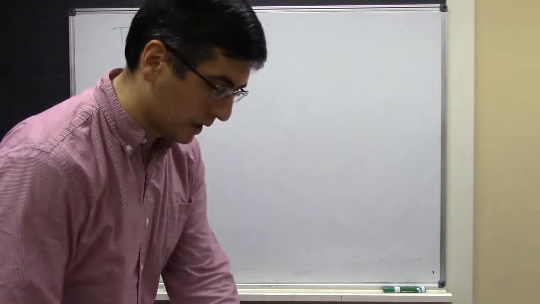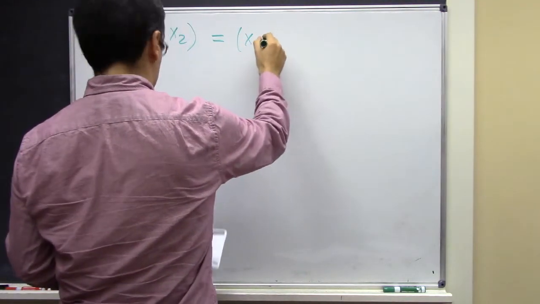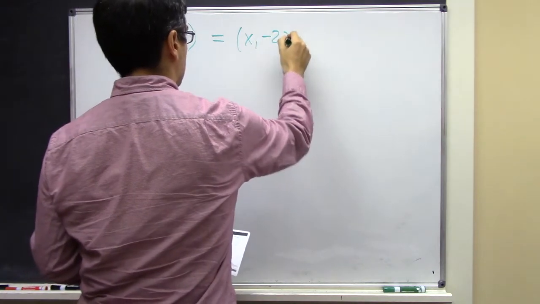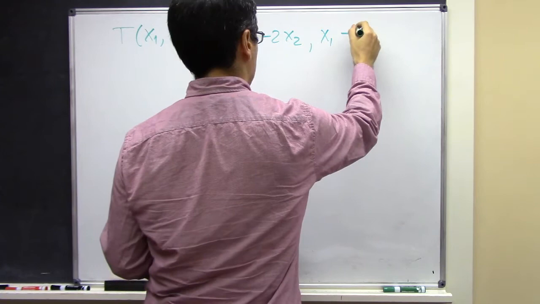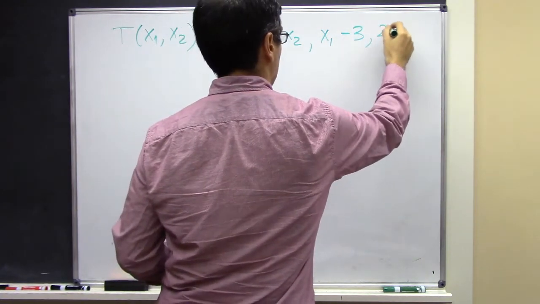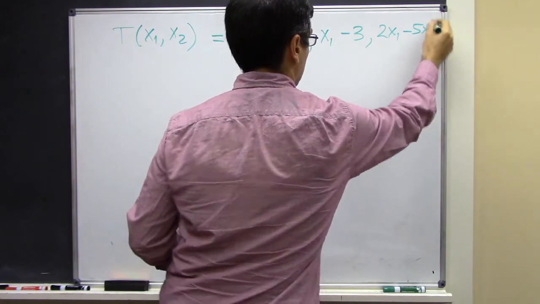So suppose you're given T(x1, x2) equal to (x1 minus 2x2, x1 minus 3, 2x1 minus 5x2).